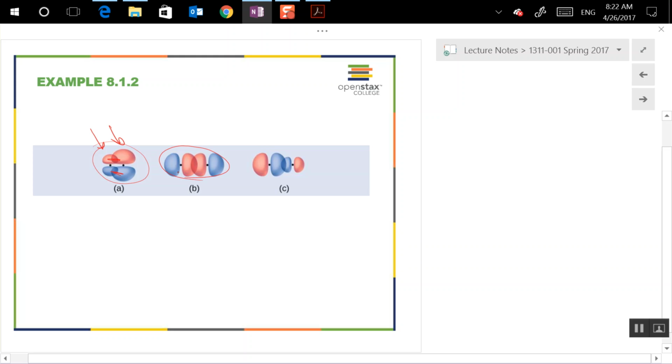So these are pi bonds, but they're coming together in a different way. So what would we say this is? Sigma or pi? This would be sigma, because we're only coming together here. We're not coming together up and down like this. What's this one? Sigma. That's how we would identify those.